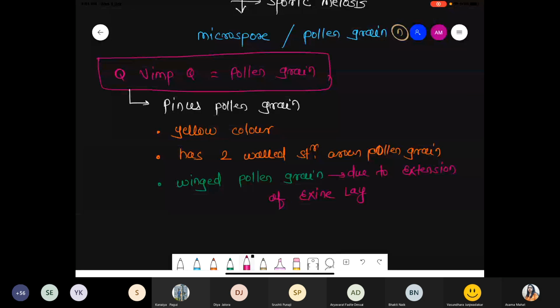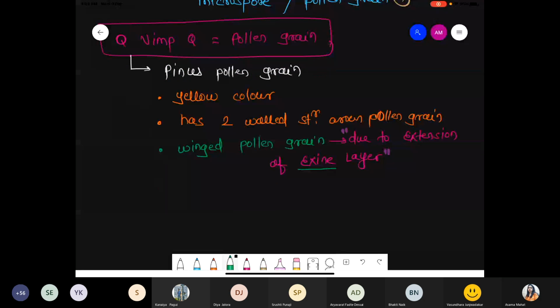Quickly, let's mention one more point here. Now we are talking about pollination, that is release or dispersion of the pollen grain. So pollination with the help of wind. Please underline the word wind.